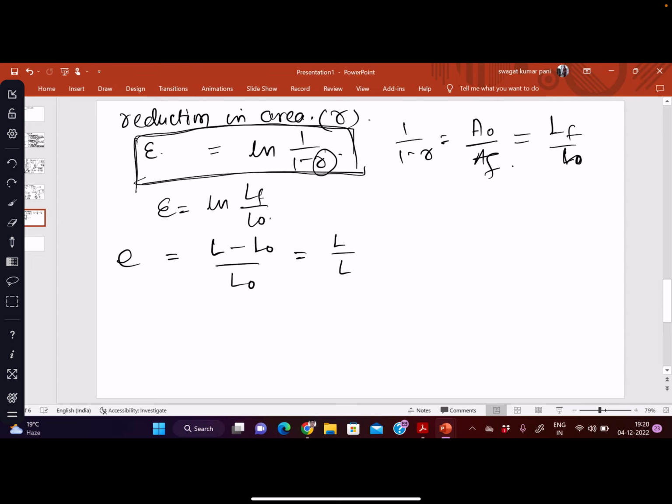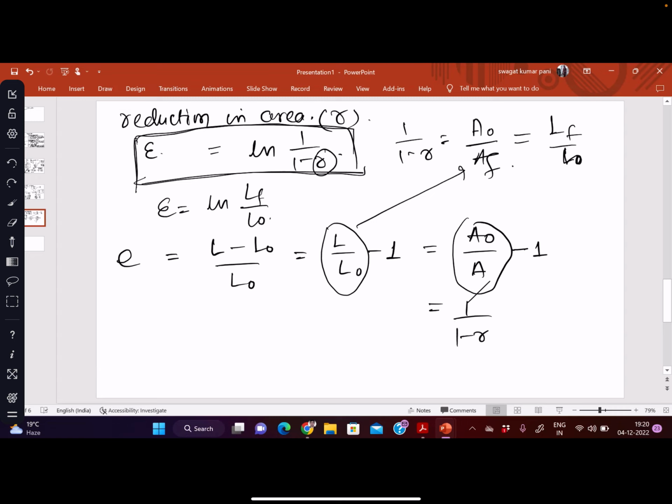We can write it in terms of the term we saw here, A0 by A or AF, whichever it is. We know 1 by 1 minus R from this relation, so this will become R by 1 minus R. If reduction in area is given, you can directly calculate engineering strain from this and true strain from the earlier expression. Is it clear? Yes, sir.